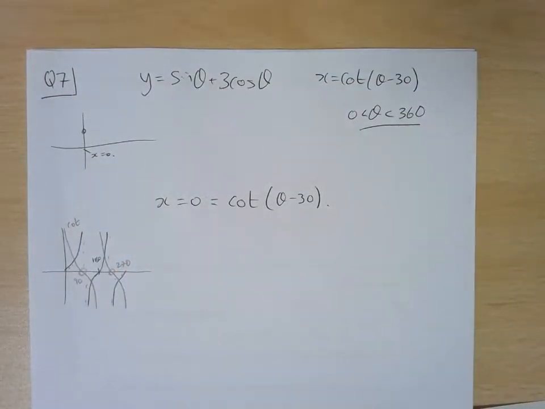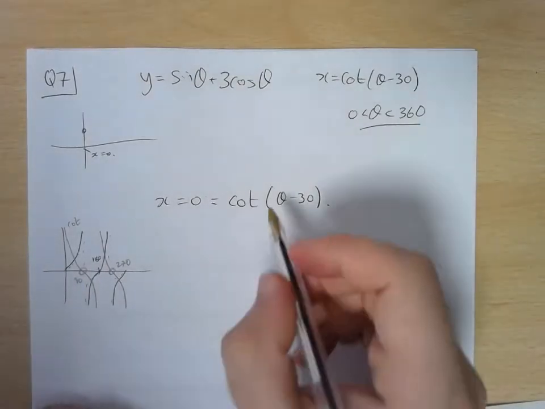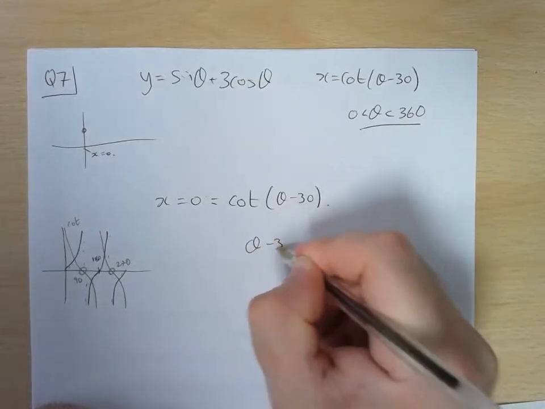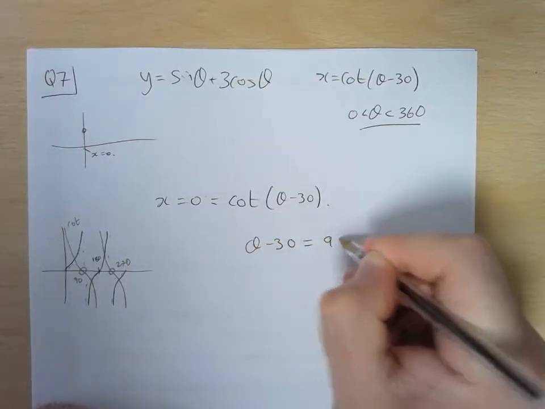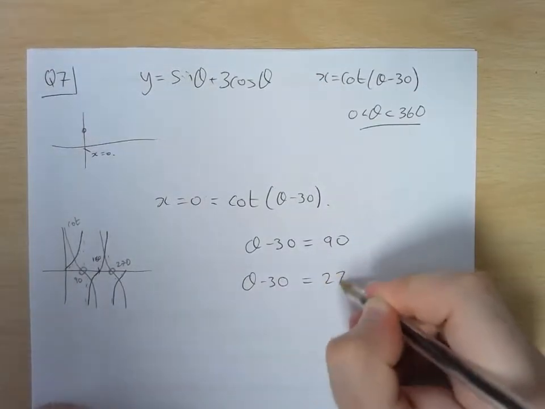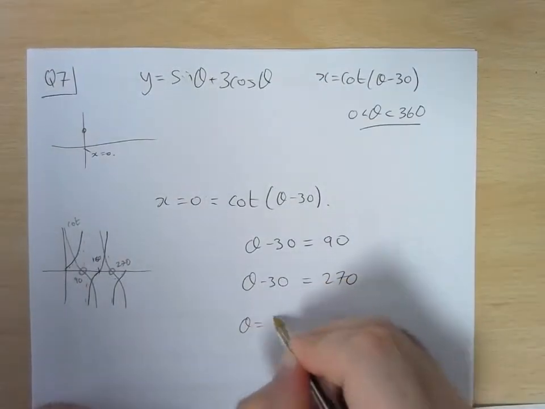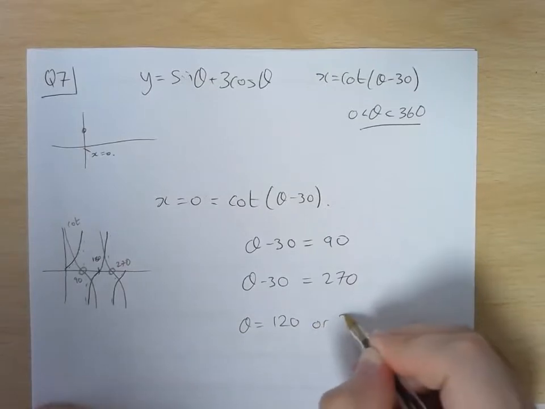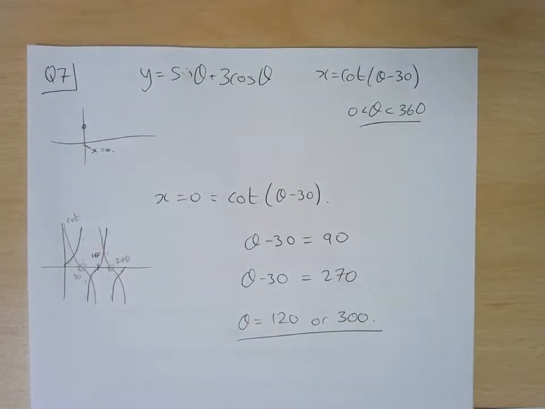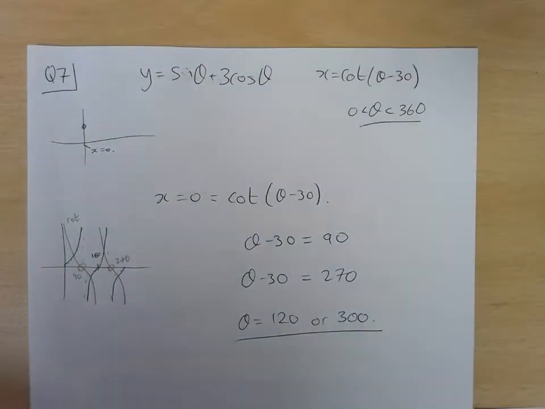If it's any number other than 0, you can just flip it upside down and do tan. But the values that we're after here are theta minus 30 equals 90, or theta minus 30 equals 270. So we get theta equals 120 or 300. You might look at these and think we've got our answers immediately.